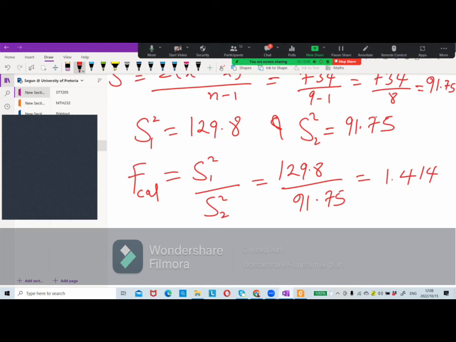Now, we need F tabulated. Remember, F tabulated is the same thing as F alpha, comma, V1, comma, V2. That's the degree of freedom. What is our V1? Our V1 is N1 minus 1. What is N1 now?